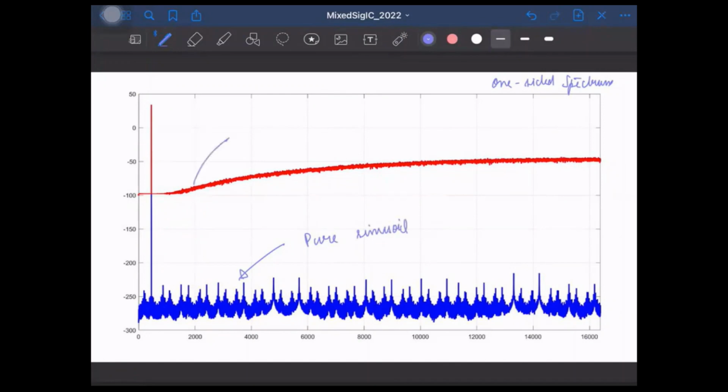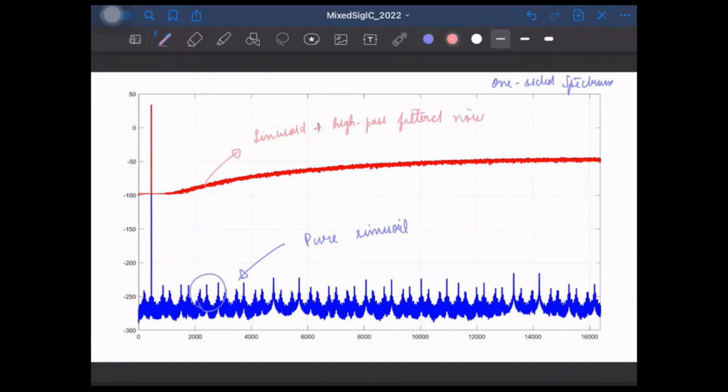And this red curve corresponds to the spectrum where we have a sinusoid falling on a bin, as that is the same as this case, plus we have this high pass shaped noise, that is high pass filtered noise.